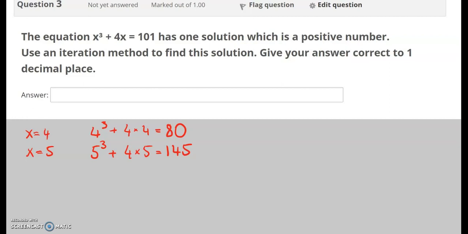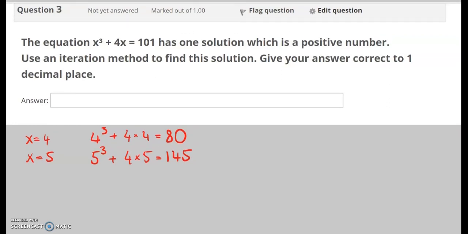So we are actually estimating here. Because 101 is closer to 80 than it is to 145, I'm going to go for a decimal that is 4.3, for example. So again, I'm estimating, I'm guessing. I don't know the actual answer, but I can give it a go.